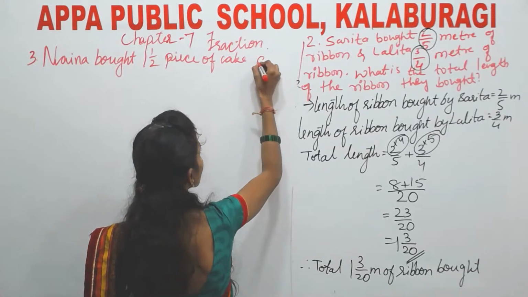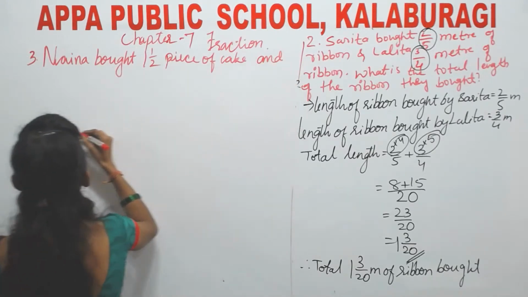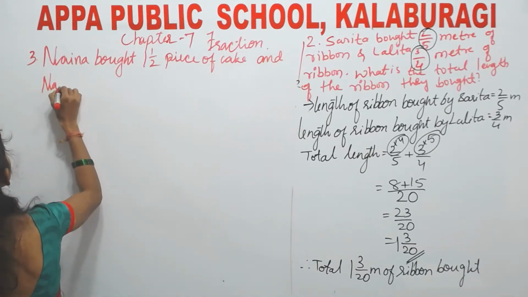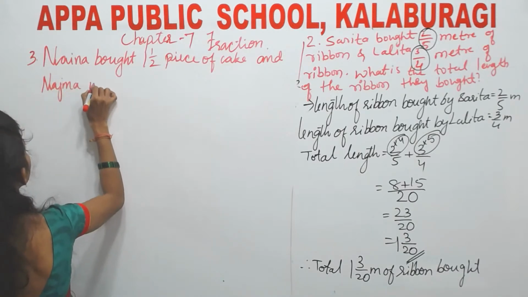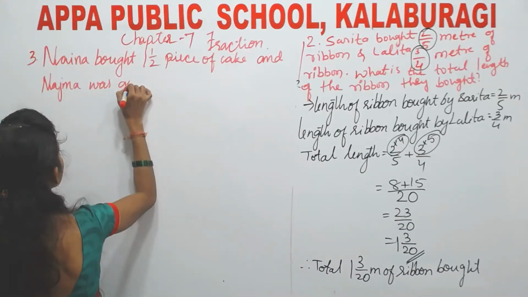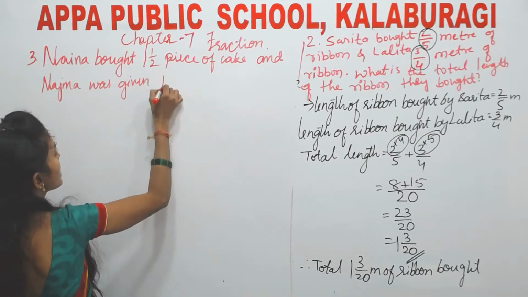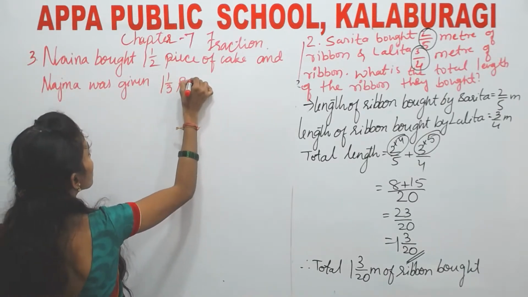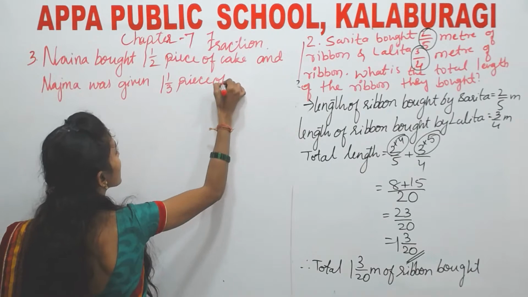And Najma was given one integer, 1 by 3 piece of cake.